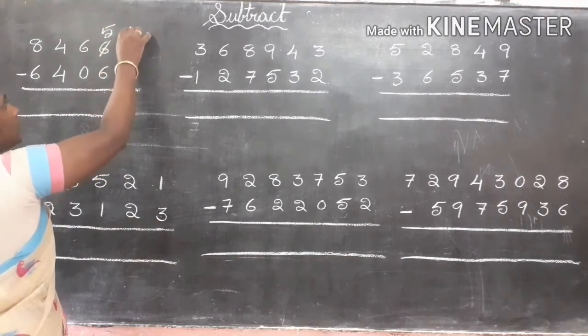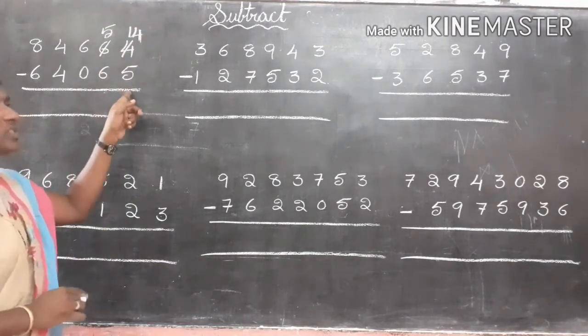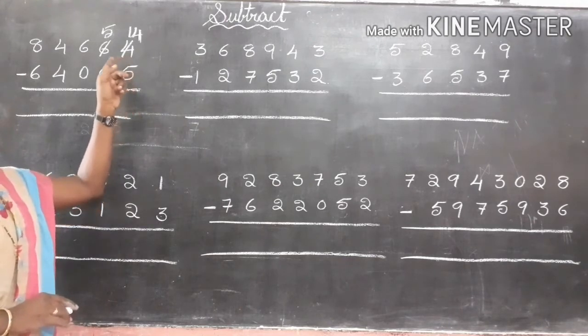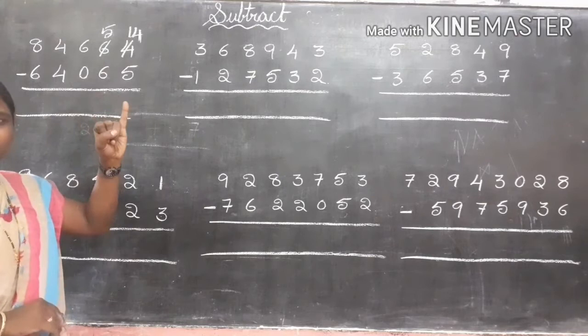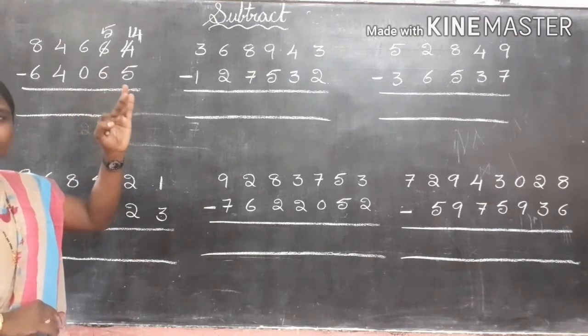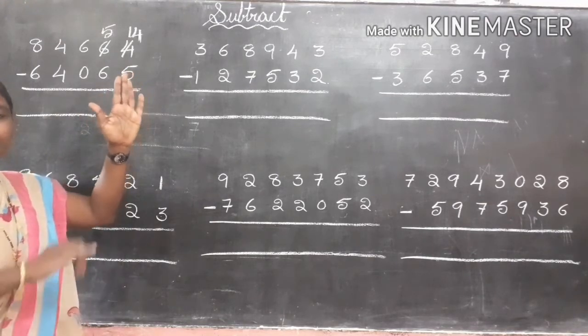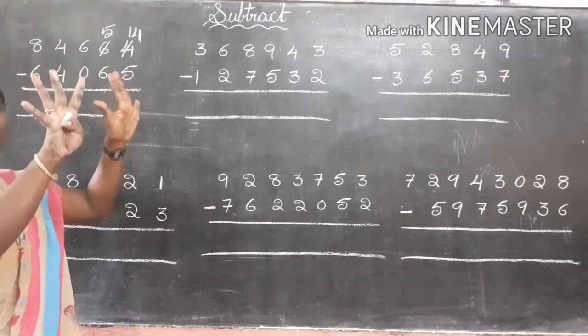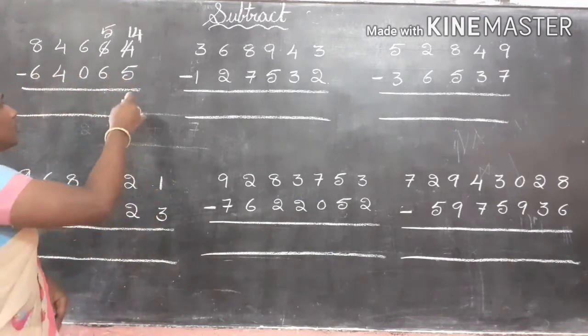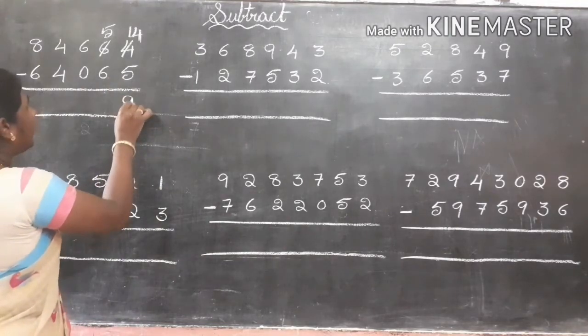This 4 becomes 14. 14 minus 5, how much? Count 5 after, up to 14. 6, 7, 8, 9, 10, 11, 12, 13, 14. So how many fingers do we get? 9. So the answer is 9.